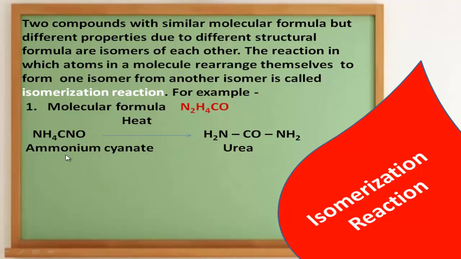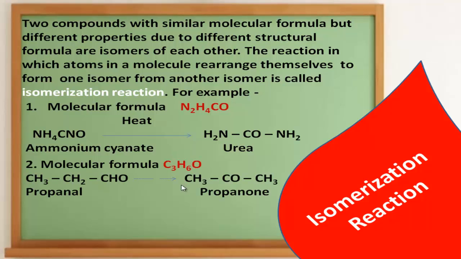from one isomer another isomer is produced just by the rearrangement of the molecules of reactants, that reaction is called isomerization reaction. Also another example, the molecular formula is C3H6O, that means propanol and propanone.